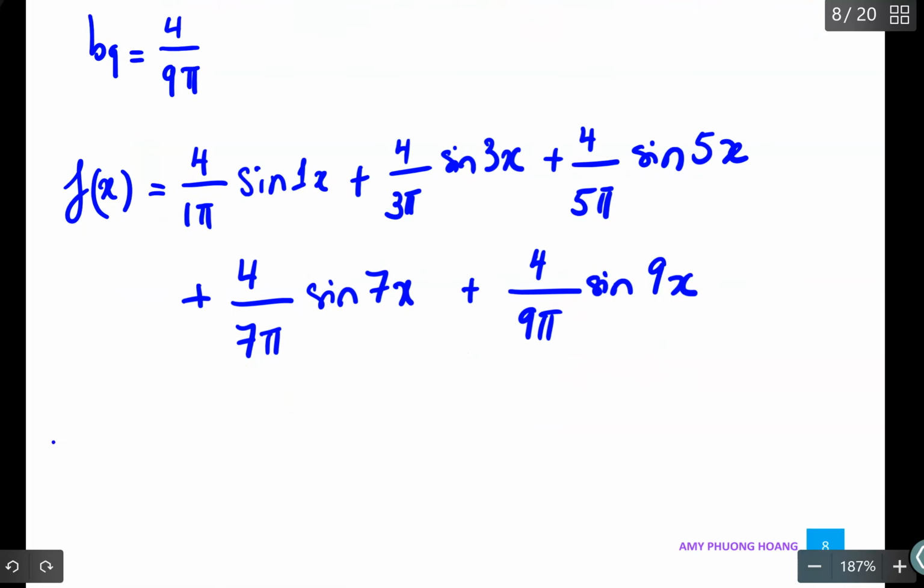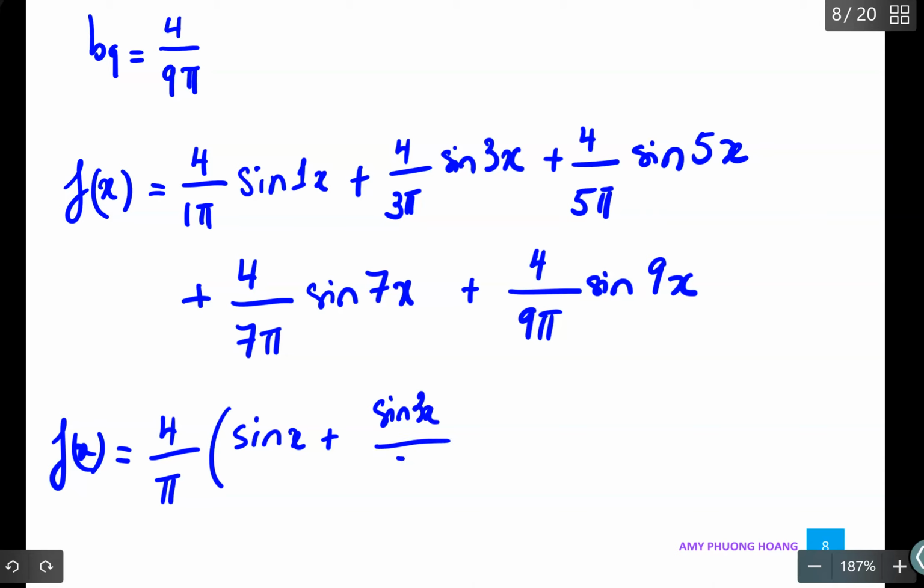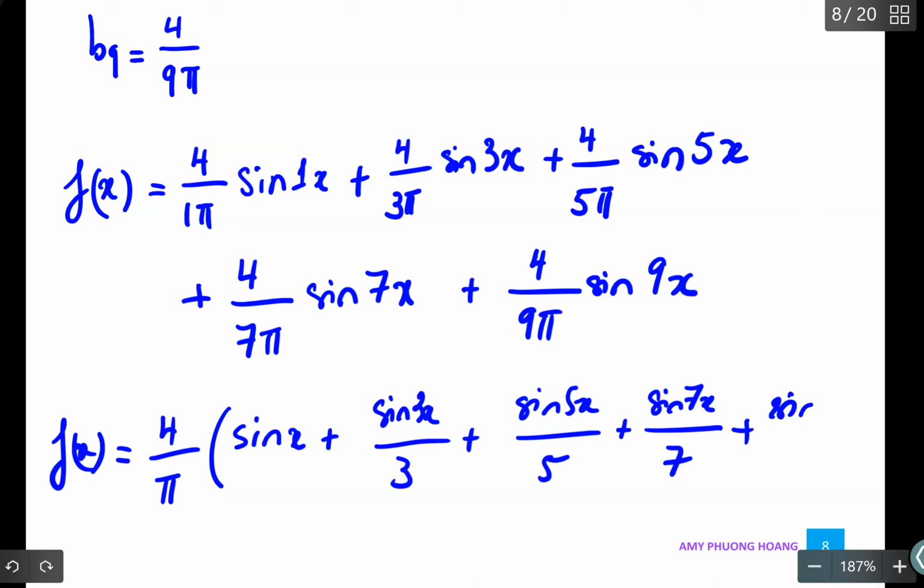Next I will factor out 4 over pi. What I have left in the bracket should be sine of x plus sine of 3x over 3 plus sine of 5x over 5 plus sine of 7x over 7 plus sine of 9x over 9, and close the bracket.